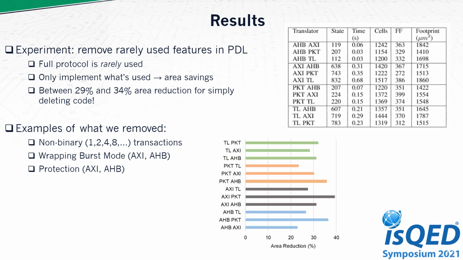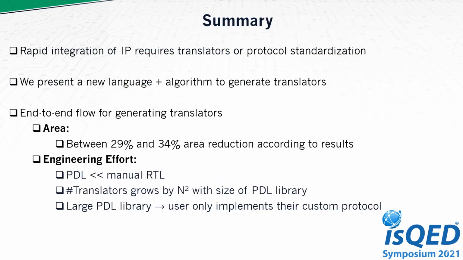We removed others that were similar in nature and that I myself have not used before. And our results are good. Our results demonstrate roughly 29 to 34% area reduction for simply deleting code. So hence, if your IP doesn't use particular transactions, you can save on area costs by tightening the specification of your protocol.